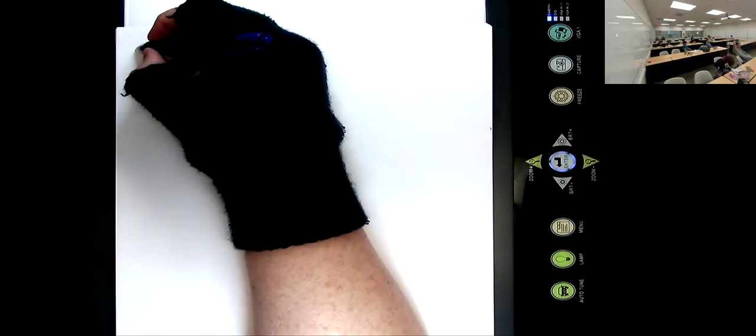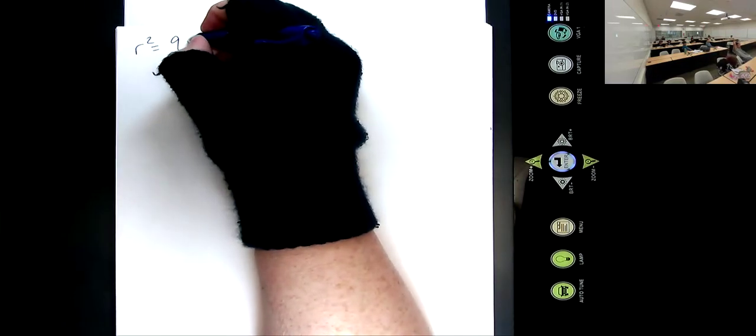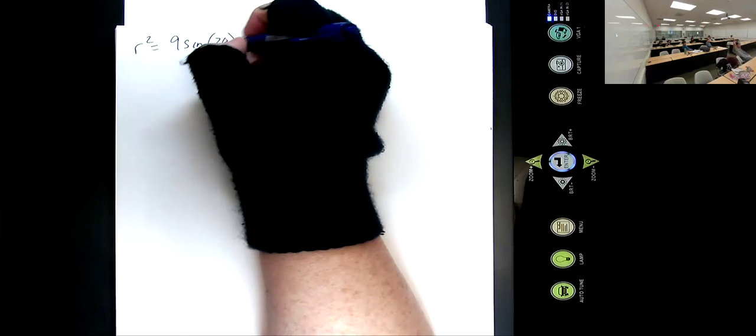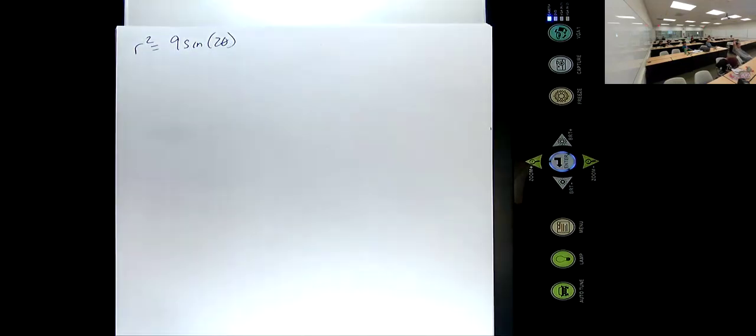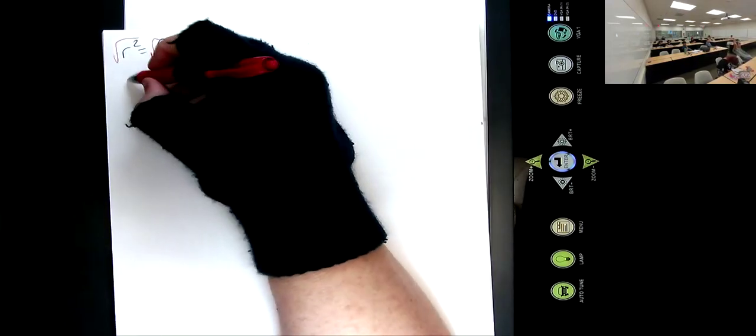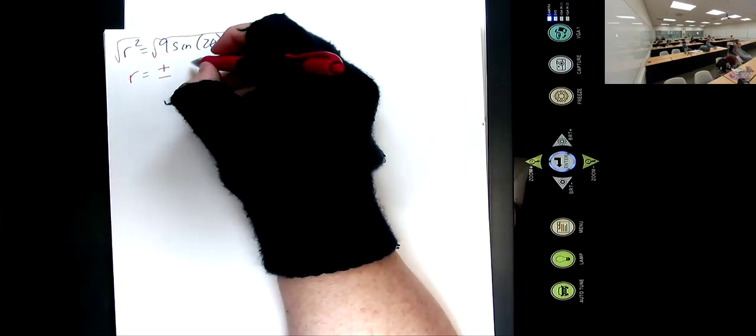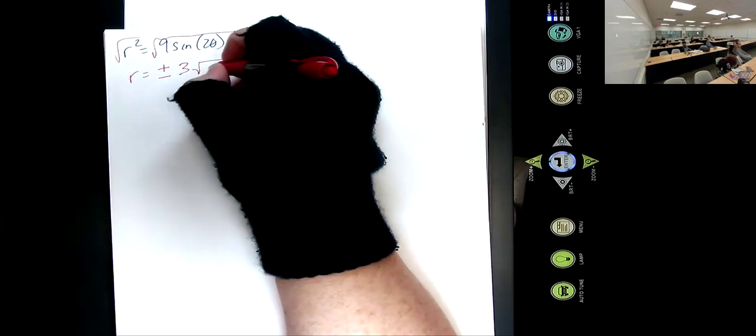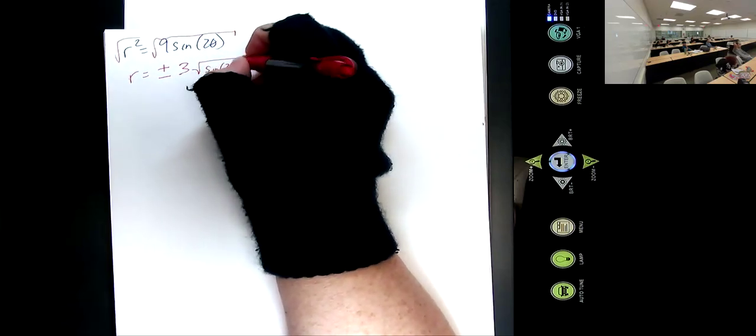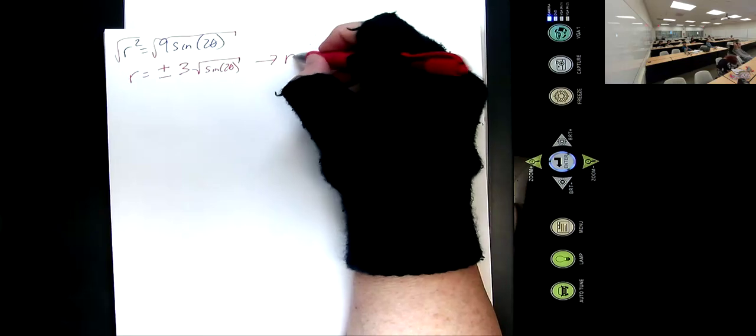So if we had something like r squared equals 9 sine of 2 theta, when we take the square root, you get r equals plus or minus 3 times the square root of sine of 2 theta. So you kind of want to draw 2 curves.